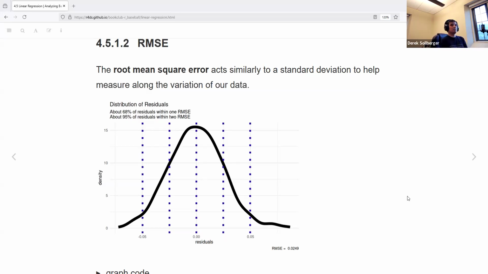And about 95% of the residuals were within 2 copies of that root mean squared error, which, if you recall from your statistics class, your teacher, like me, told you something very similar for standard deviation.